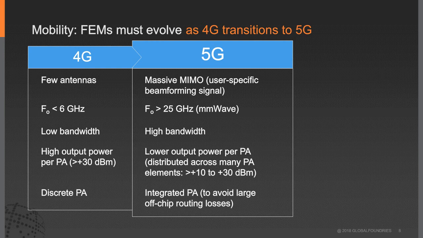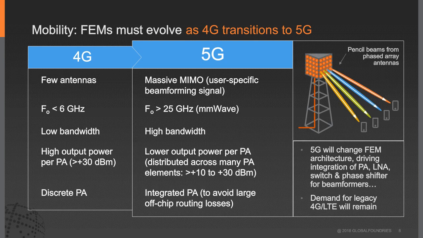In 4G, we transmit in all directions, which requires very high output power from a single power amplifier. As we move to 5G and phased arrays, we have many lower power amplifiers that aggregate into a beam of energy in a specific direction. Hence, you can see pencil beams from phased array antennas as shown on the slide.